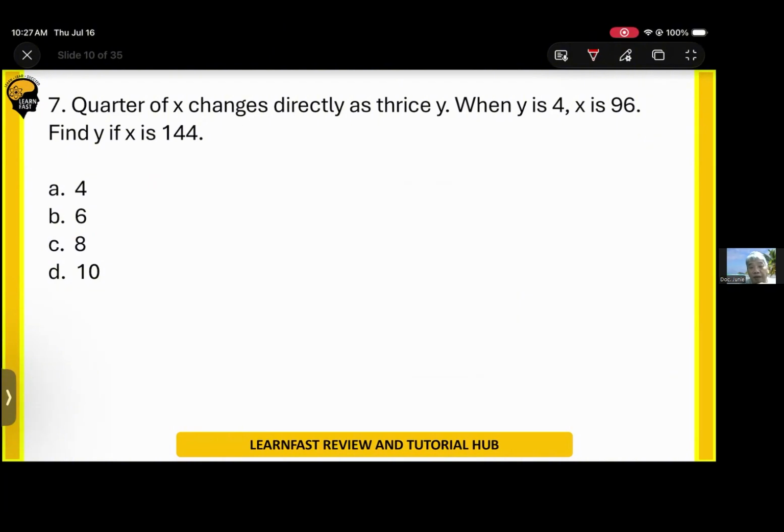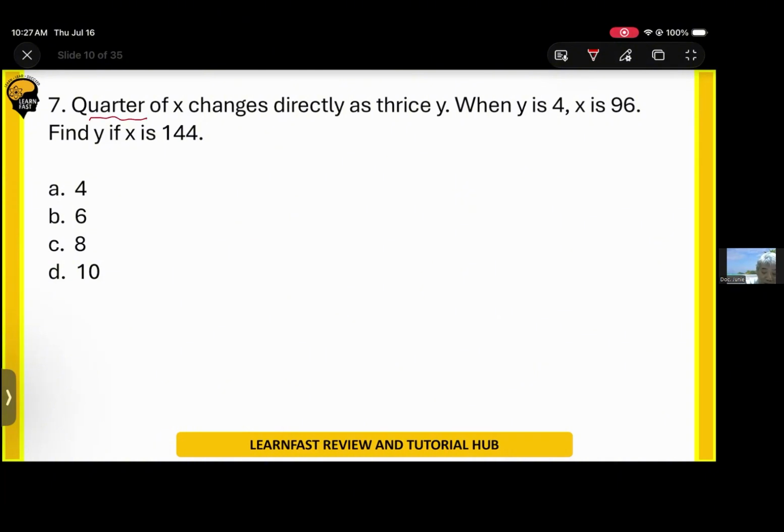Number 7 could look difficult, no? Because this is a variation problem. So let's try our best to answer this without solving. Let us use testmanship, using the Jessel principle of observing patterns. Let's say quarter.